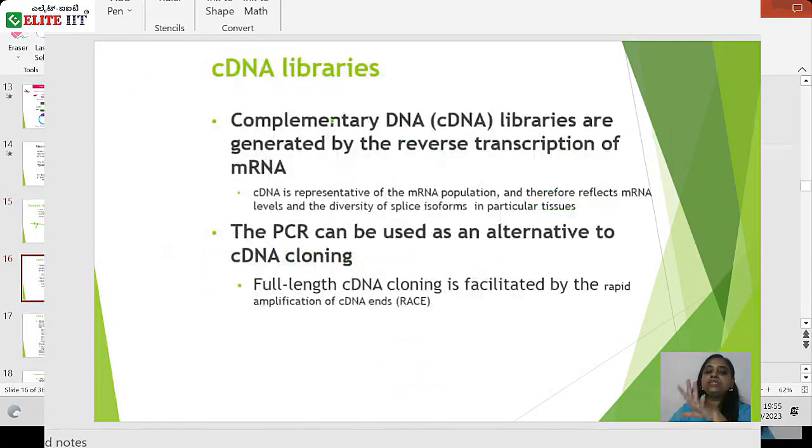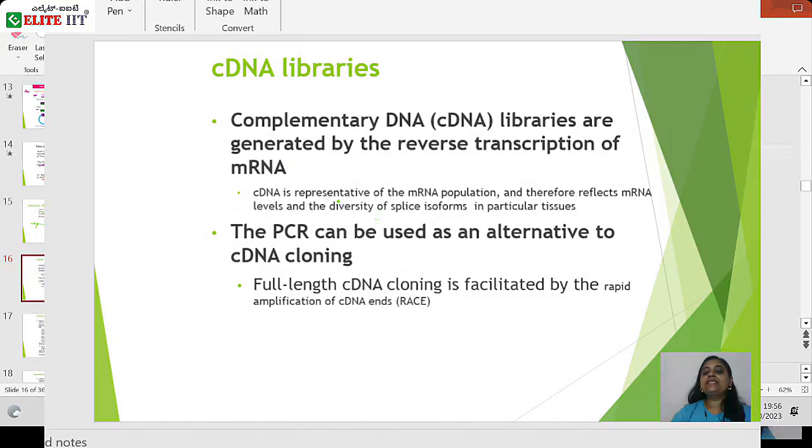Now going to cDNA. Complementary DNA libraries are generated by reverse transcription. Already I told you the same thing. cDNA is representative of the mRNA population. Why representative? It is just complementary to mRNA.